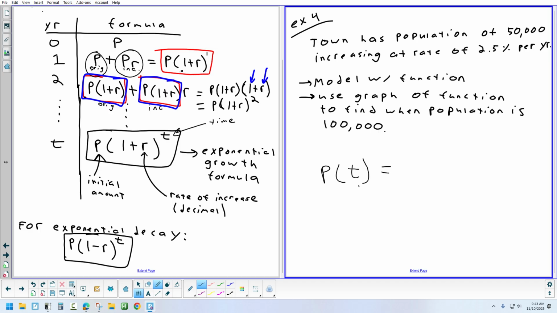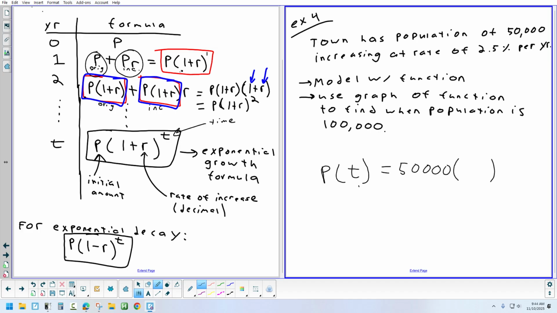What's the initial amount of people in this problem? Yep, starting with 50,000 people times 1 plus my growth rate. My growth rate is 2.5%.